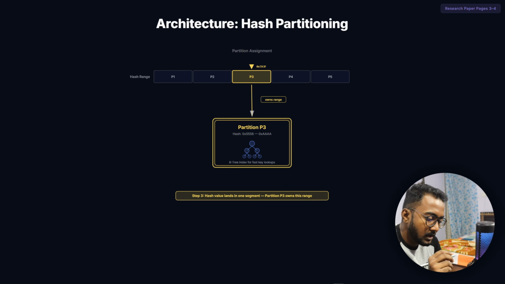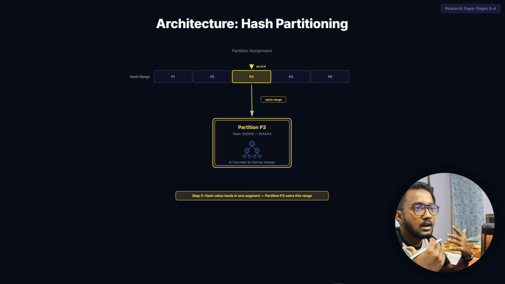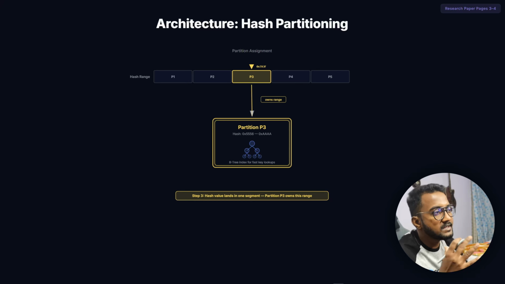The partition P3 will be called, and P3 will be the owner for user 42. The table will be split in such a way that the partition and the throughput remain stable, and the storage can grow accordingly.